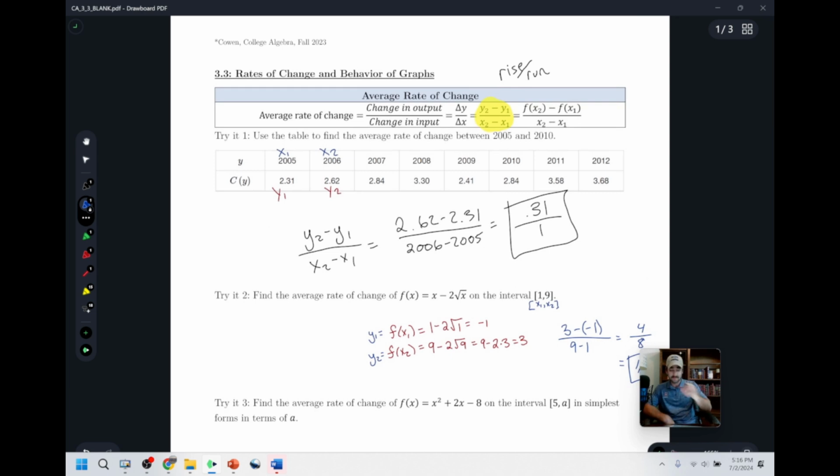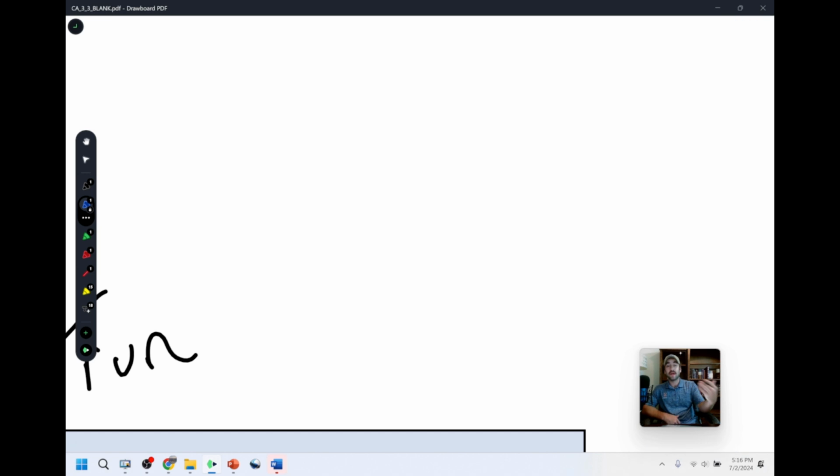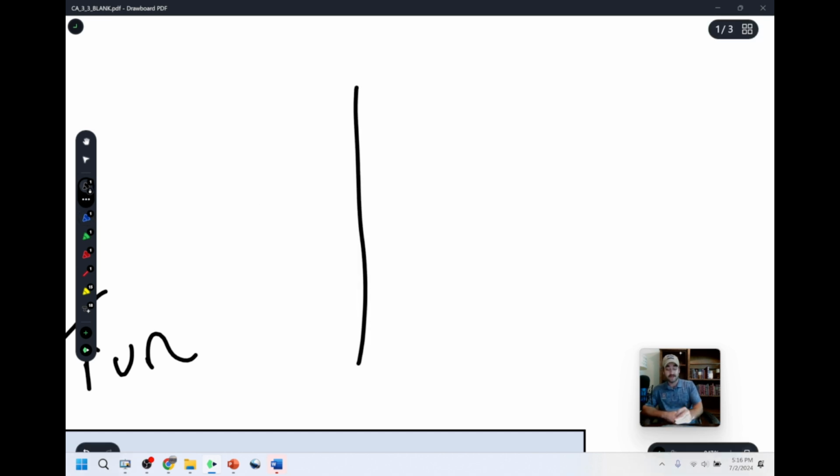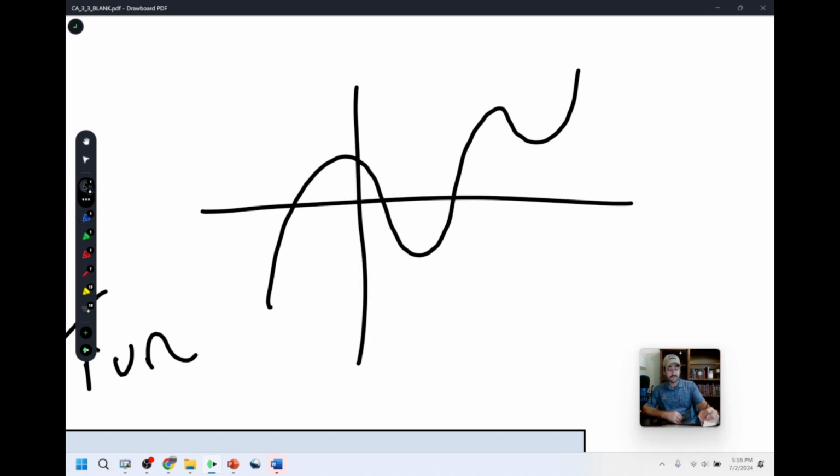Quick note, just so you're like, well, why do we call them two different things? Because this average rate of change could apply to anything, any function ever. So let's say we have this crazy looking function that looks kind of like that, and I give you these 2 blue points, and I say find the average rate of change. Well, you could totally do it, and it would end up being the slope of that blue line. But that doesn't mean that the slope of the black line was the average rate of change.